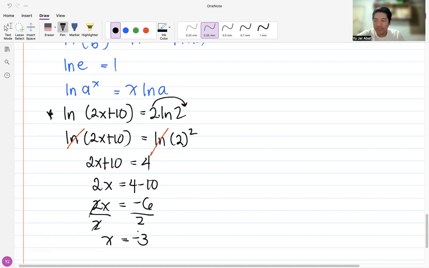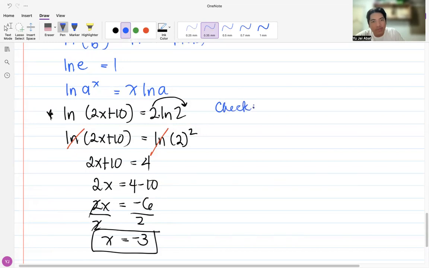Okay? So in terms of ln, we can have a negative value for x. If we try to check this one, x equals negative 3, we substitute the value.